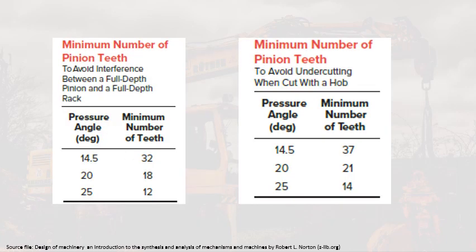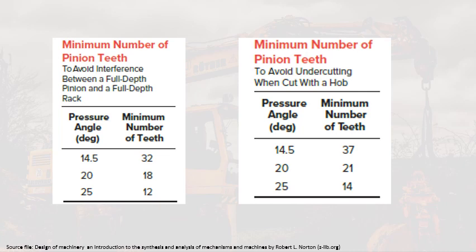So as a resolution to that, we have here a table which shows the minimum number of pinion teeth that can mesh with a rack without interference as a function of the pressure angle. The minimum number of teeth that can be cut by a hob without undercutting as a function of pressure angle is also shown here.